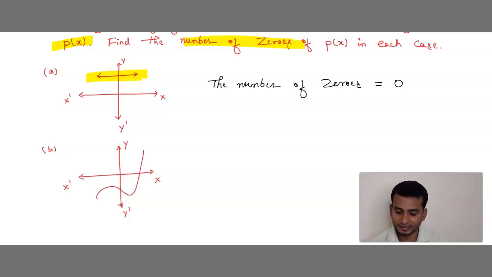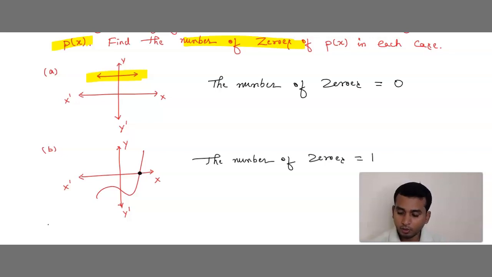The question is how many zeros it has. How many times is it touching the x-axis, children? We can see it is touching the x-axis only one time, here. So the number of zeros is equal to 1.